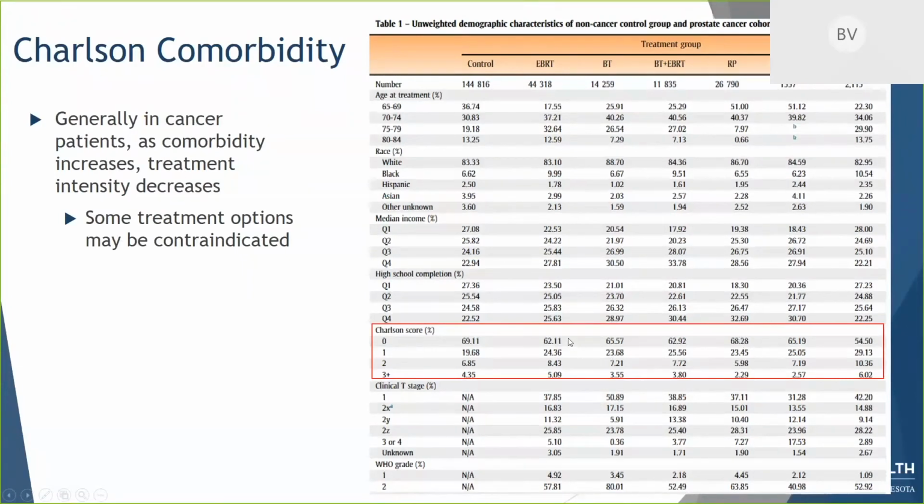The external beam radiation therapy patients tend to have more comorbidities, and the group with the most comorbidities is actually the cryotherapy group over here. About half of them have a Charlson score of 0, but there are quite a few that also have other comorbidities.